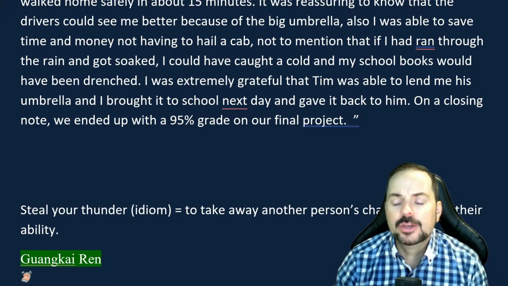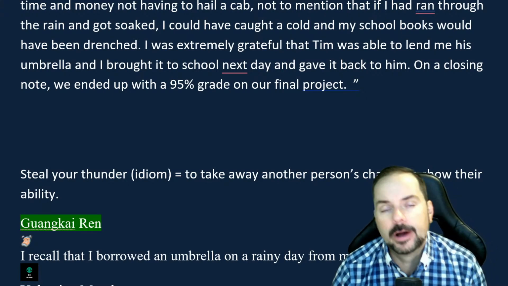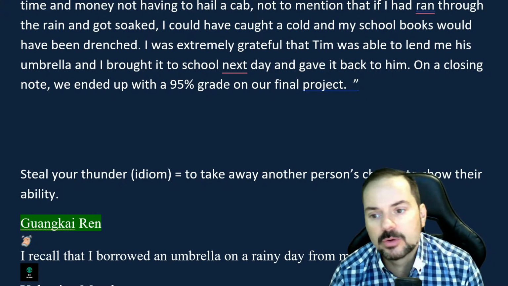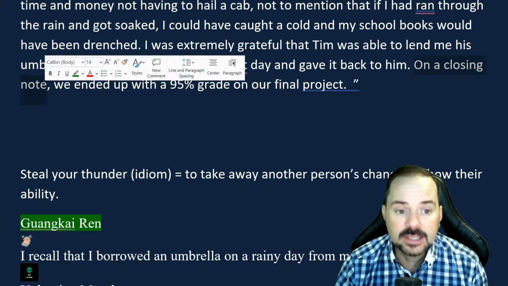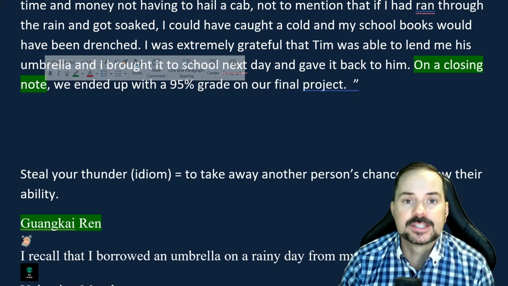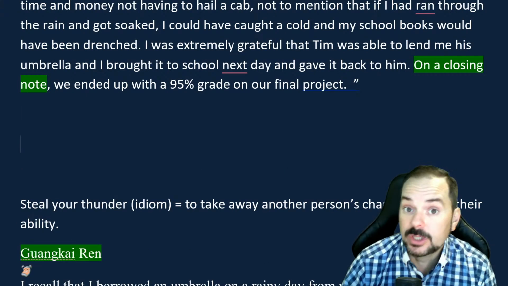Okay. Notice this nice expression here. Only use this if you are 100% sure that you answered all the questions on the cue card. On a closing note. This literally tells the examiner that you're finishing what you're saying. Okay, it's an expression. It's a really good one.